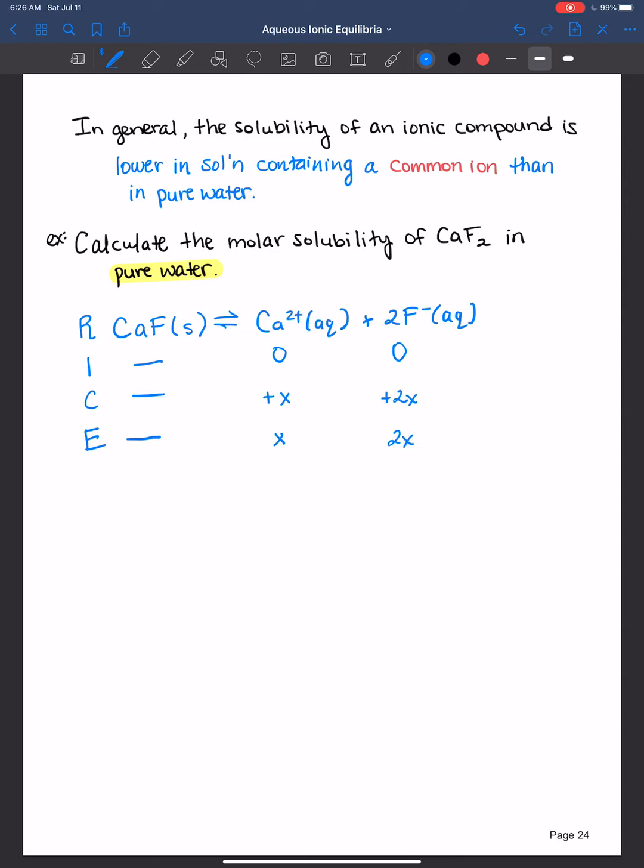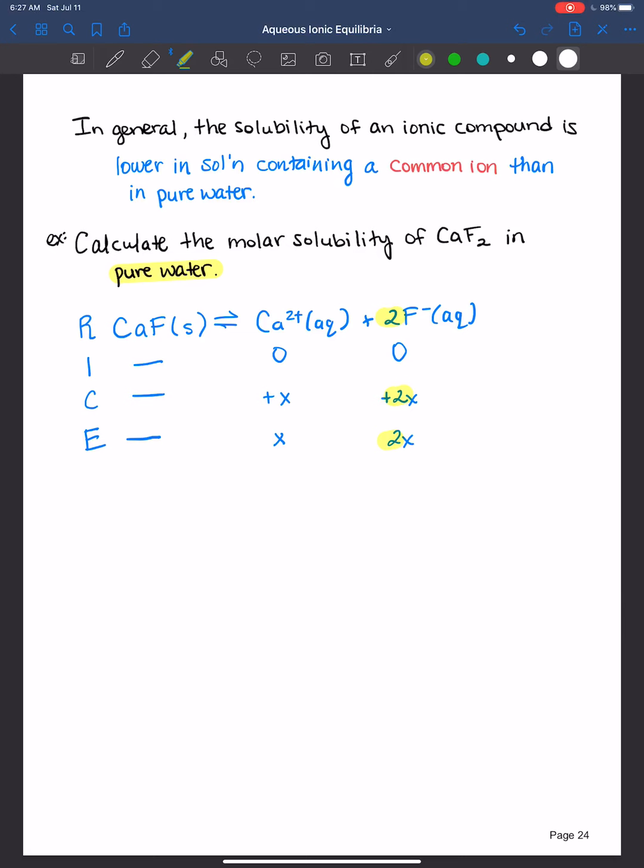So please be mindful. I know that a lot of the equilibria problems we worked so far are all 1 to 1 to 1 to 1, a lot of those acid-base reactions where only one proton's transferred at a time. Please be mindful of the stoichiometric coefficients. Don't forget about that, especially in these problems where it won't always be a 1 to 1 mole ratio.